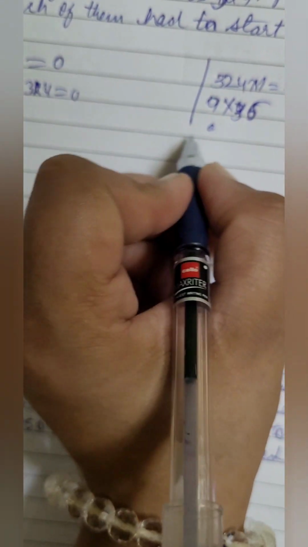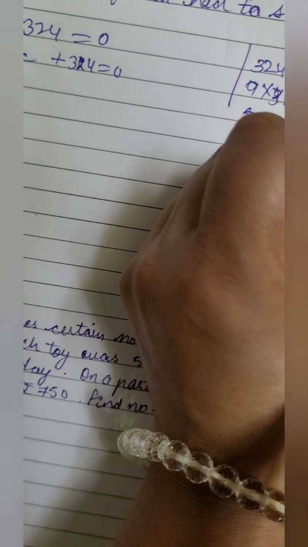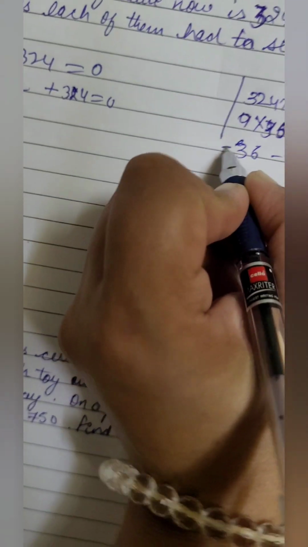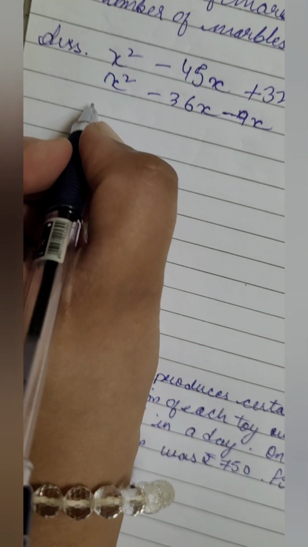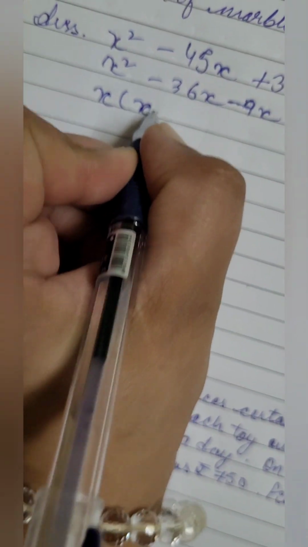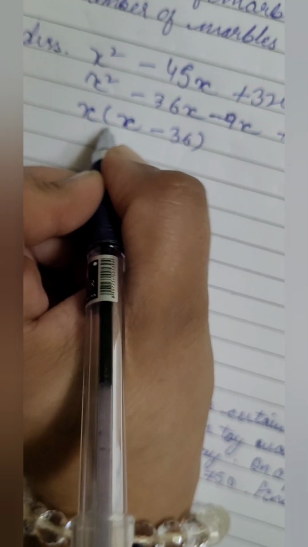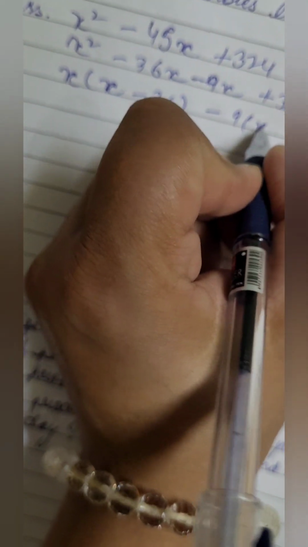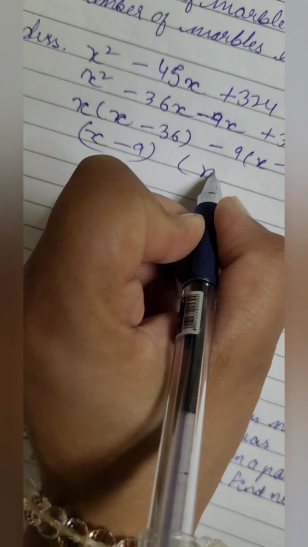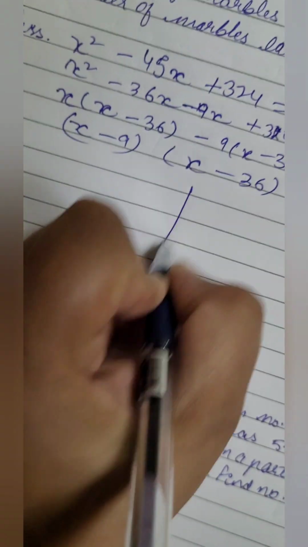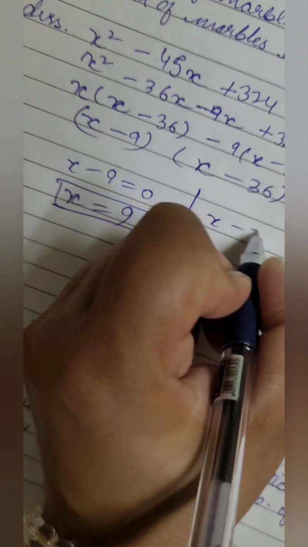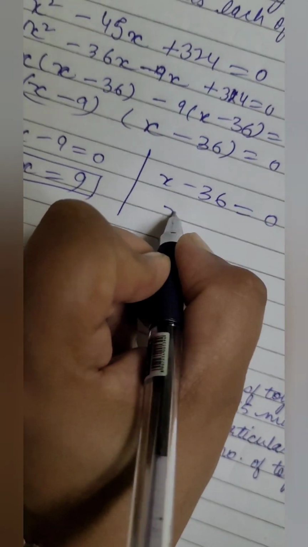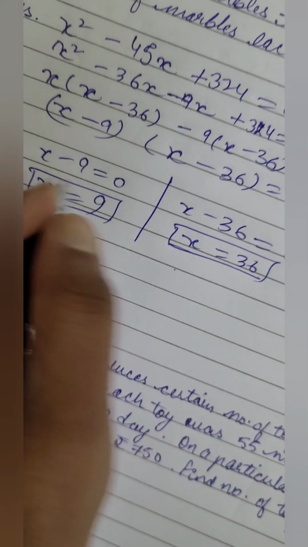This is the factorization, that is 36 plus 9 we get 45. By taking the common, we get x into x minus 36 minus 9 into x minus 36 equals to 0. So first we have x minus 9 and the other we have x minus 36 equals to 0. X minus 9 equals to 0, we have x equals to 9. X minus 36 equals to 0, x equals to 36.